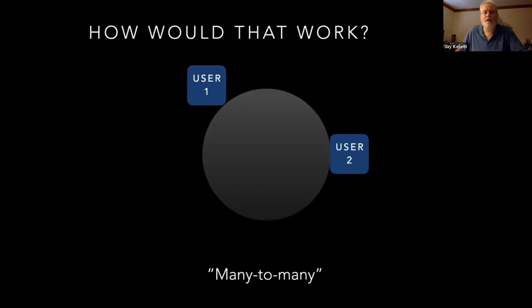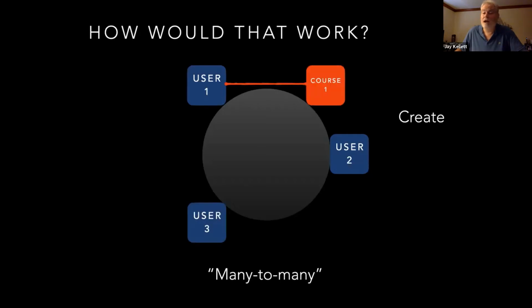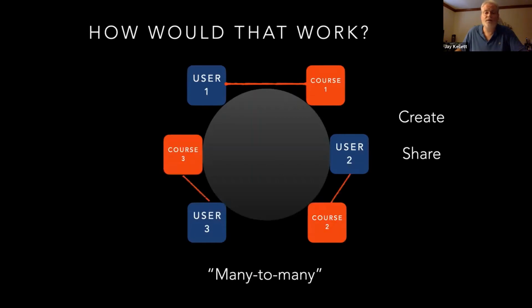So user 1, user 2, user 3. User 1 creates course, user 2 creates course, user 3 creates course. They're all there to learn. User 1 might take course 2, course 3. User 2 might take course 1, course 3. User 3 might take course 1, course 2.